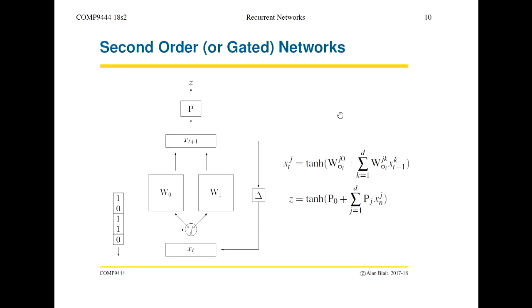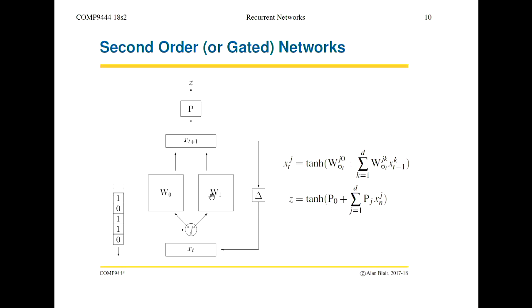This is another kind of recurrent network that we played around with back in those days. This is sometimes called a second order network. The way this works is as follows.